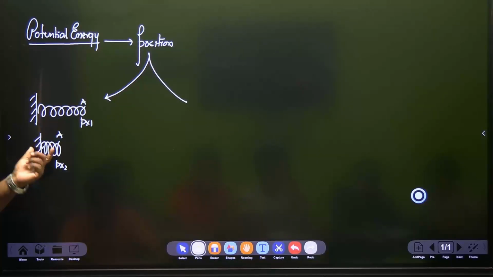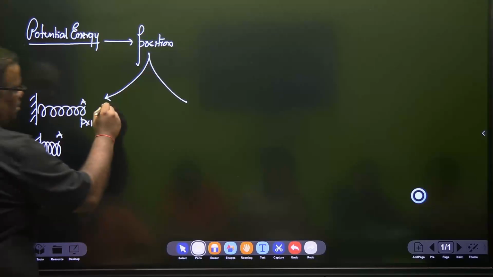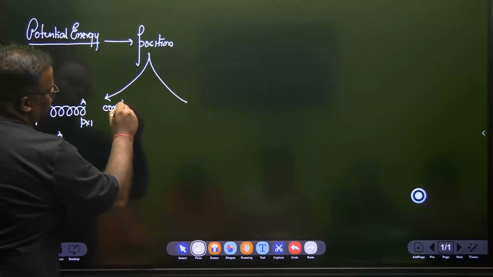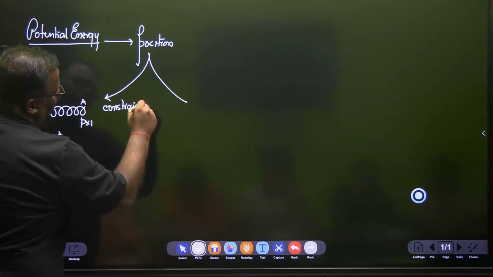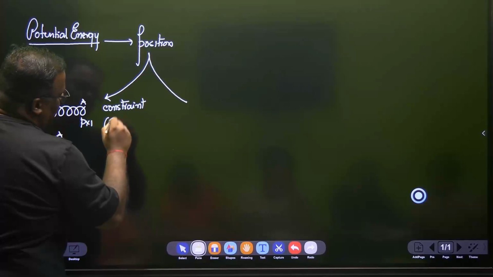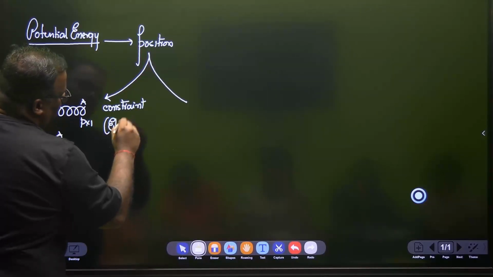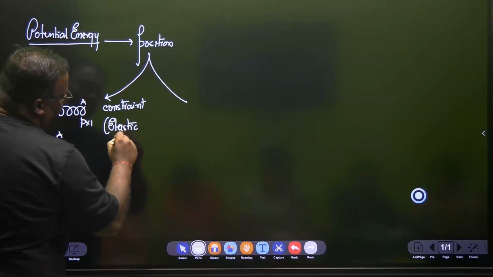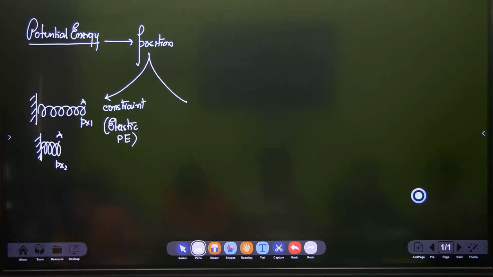Now this change of position is due to a sort of constraint that we have done. So when you are looking at potential energy due to a constraint, this is known as the elastic potential energy, like a stretched bow, a stretched rubber band, or whatever it is.